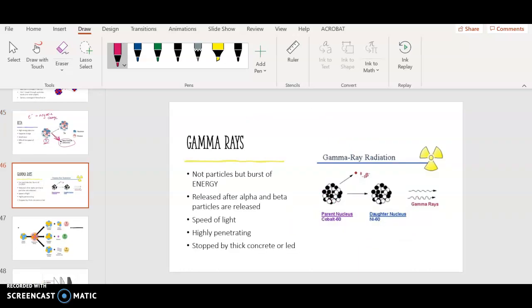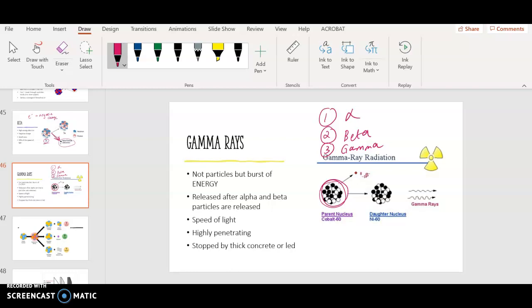Gamma ray is actually not the release of any particles, but a burst of energy. What happens first is you've got an element that's unstable. First the alpha particles are released, then it will start to release the beta particles, and then it will start to release the gamma radiation.